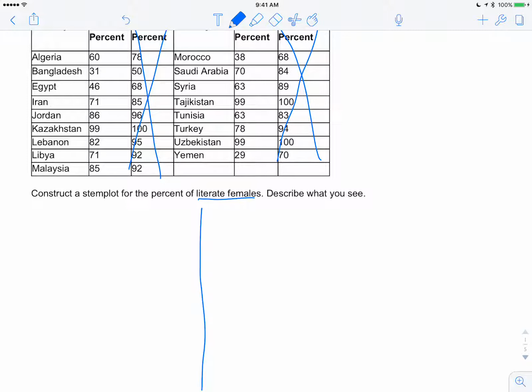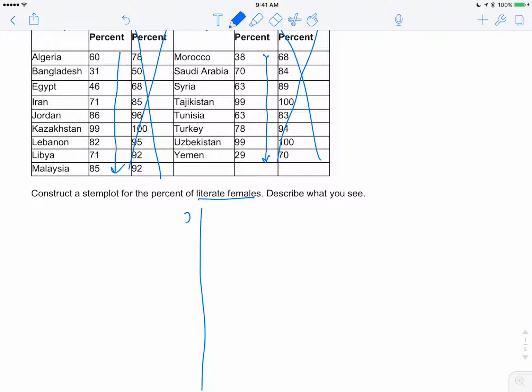I'm going to make my column first. The left side of your stem plot is going to be your stems. So look for the lowest number in the tens spot, because these are mostly two-digit numbers. So 60, 31. 31 seems to be the lowest so far, looking down this list here. 38, also pretty low. 29. 29 is the lowest number I found.